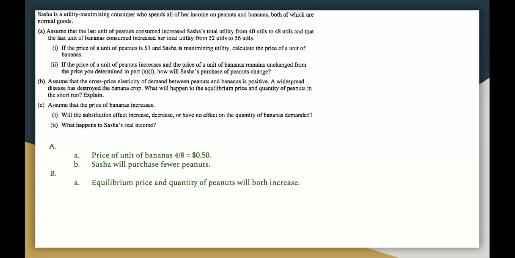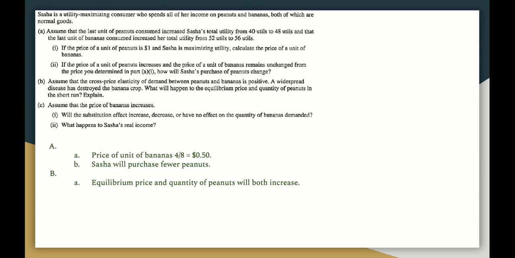They go in the same direction. If the cross price elasticity of demand was, say, negative, when price of bananas goes up and demand for peanuts goes down, then we would say that they were complements, that you eat them together. But that's not what's going on in this question.